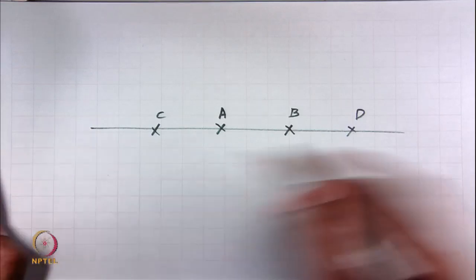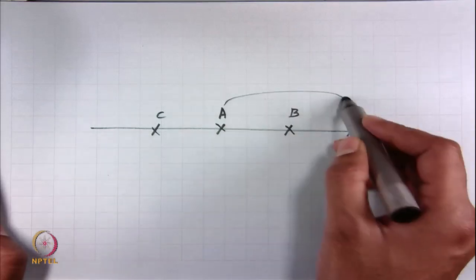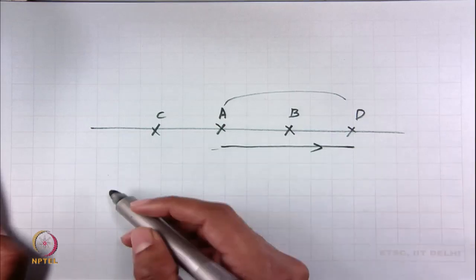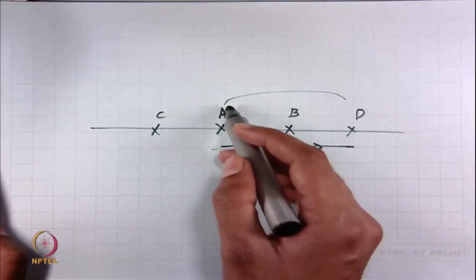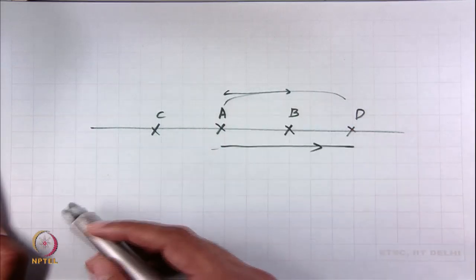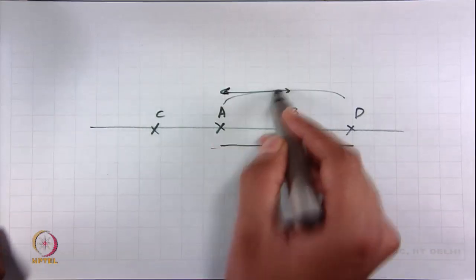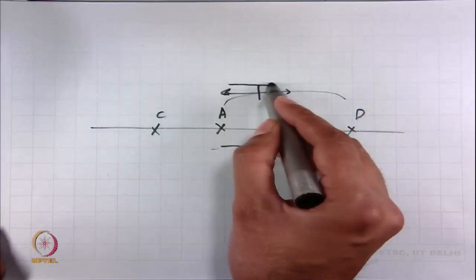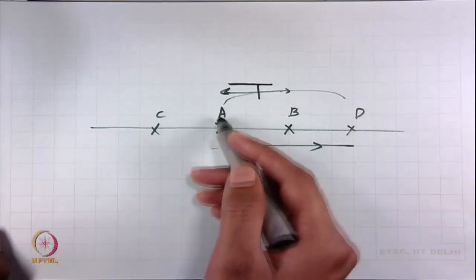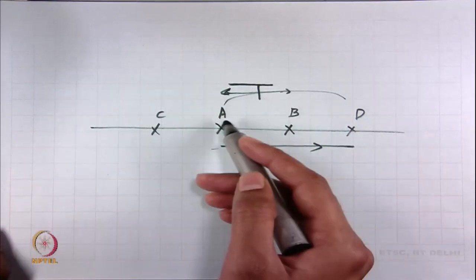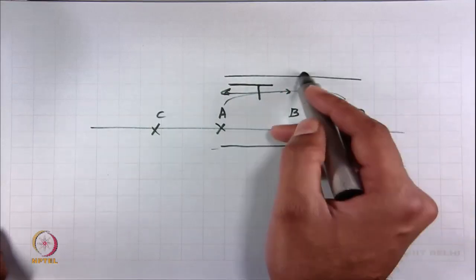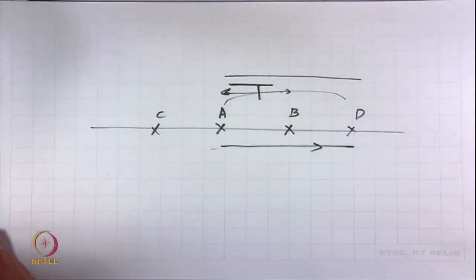Why is this so? Because for the receiver to confuse A with D, the noise amplitude levels must be larger than the noise amplitude levels that would create confusion for the receiver confusing A and B. Okay. For example, if this is the distance between A and B, and let us say if noise amplitude levels are larger than half of this distance, then the receiver would confuse A to B. And if the receiver has to confuse A to D, then the noise amplitude levels have to be larger than half of the distance between A and D. Okay.